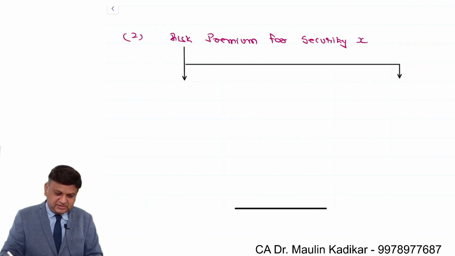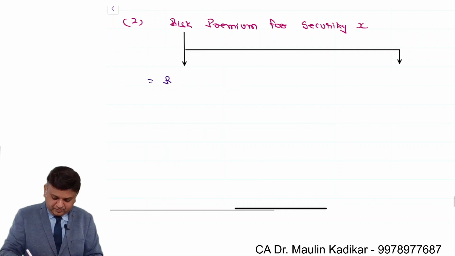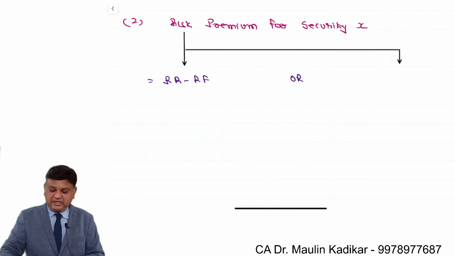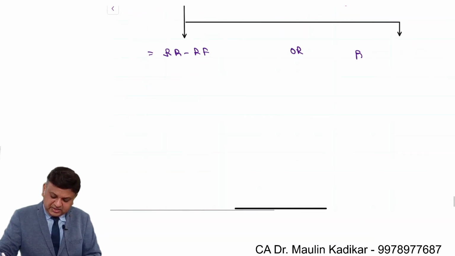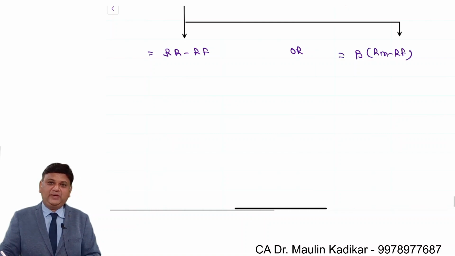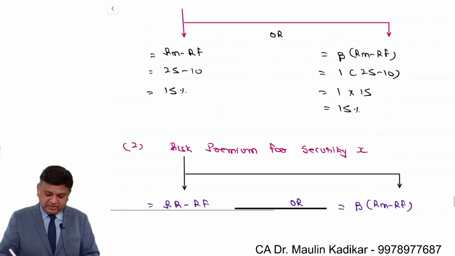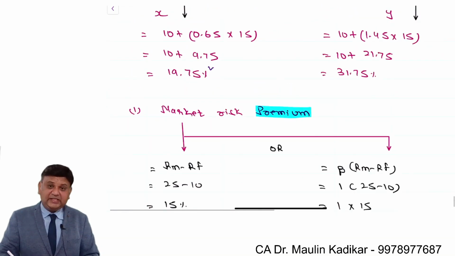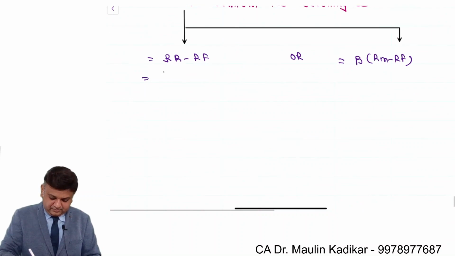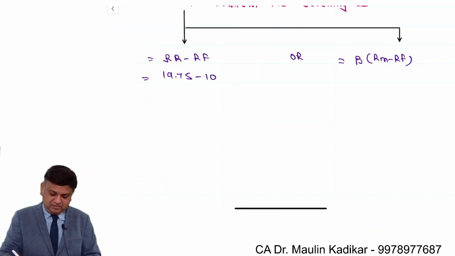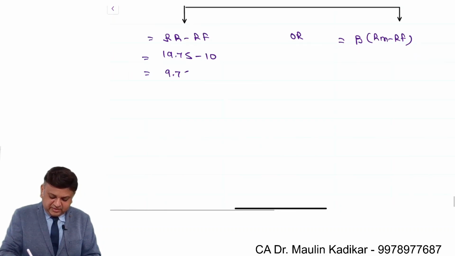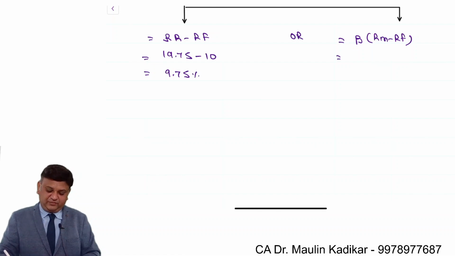It can be calculated as required rate of return minus RF, or otherwise as beta into (RM minus RF). What is the required rate of return from the security? It is 19.75 minus risk-free rate of return 10. So it is 9.75%. Or it is beta into (RM minus RF).